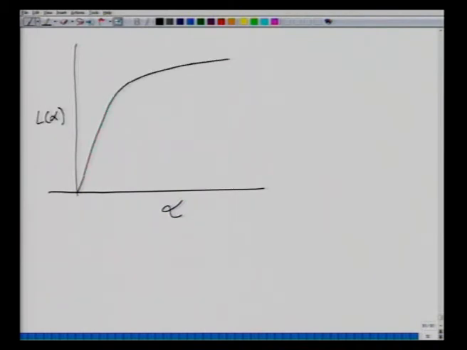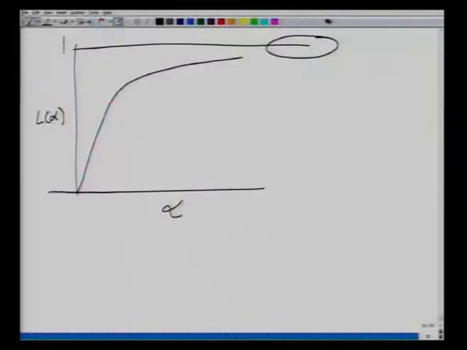So when you plot this L alpha against alpha, it looks something like this, before approaching a value of 1 at very high values of alpha, or at very high values of field, or at very low temperatures when the thermal fluctuations are lower.